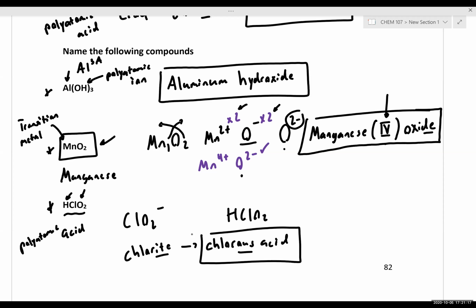Any questions on this first example? Professor, for the last one, the polyatomic acid, how come we don't put the hydrogen on it? The hydro prefix is only reserved for binary acids, which contain hydrogen and an atomic ion.